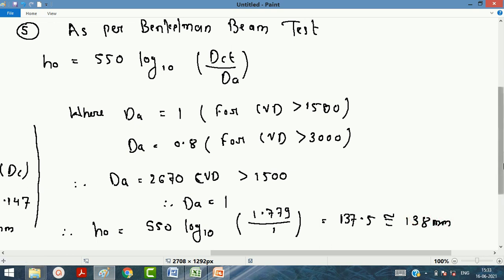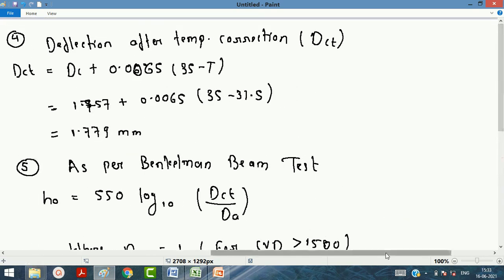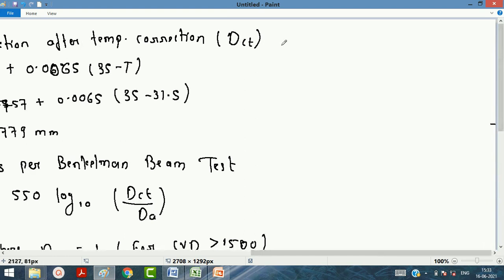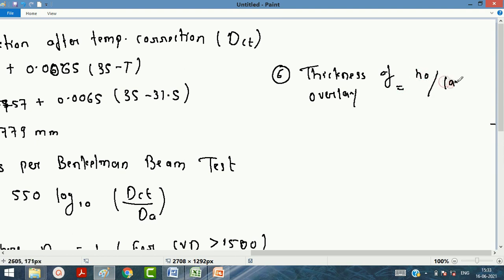Now the last step, step number 6. We have to calculate the thickness of overlay, which is equal to H naught divided by layer equivalent factor. Basically, the layer equivalent factor is given in the question.